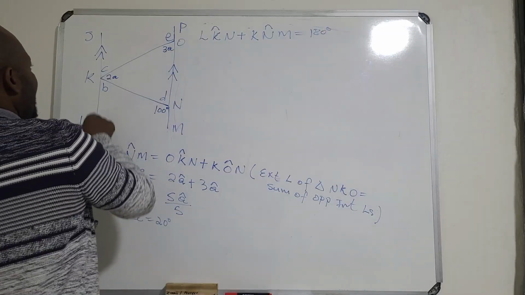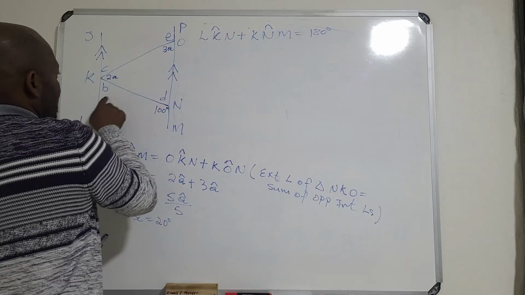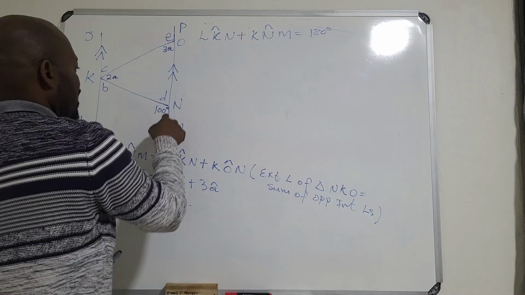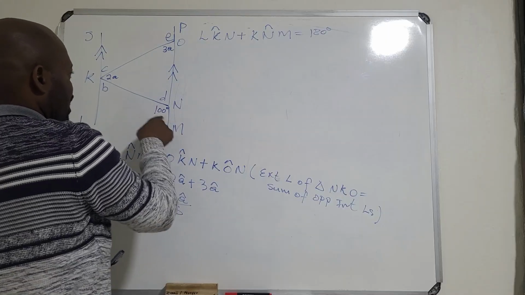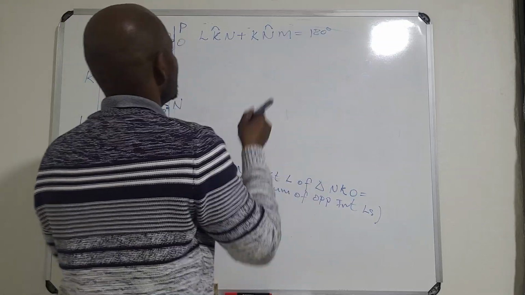This means that angle LKN, which is this angle, plus angle KNM, which is this angle, is equals to 180 degrees.